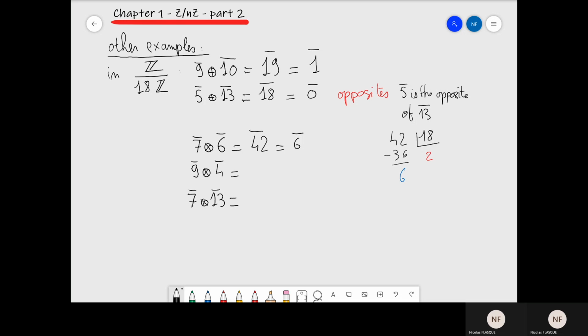So next example, 9 bar times 4 bar. So 9 times 4 is 36. 36 bar, actually, modulo 18 is equal to 0. So here is another strange thing that doesn't happen in a standard set of numbers you know, such as a set of natural, rational, real, or complex numbers.